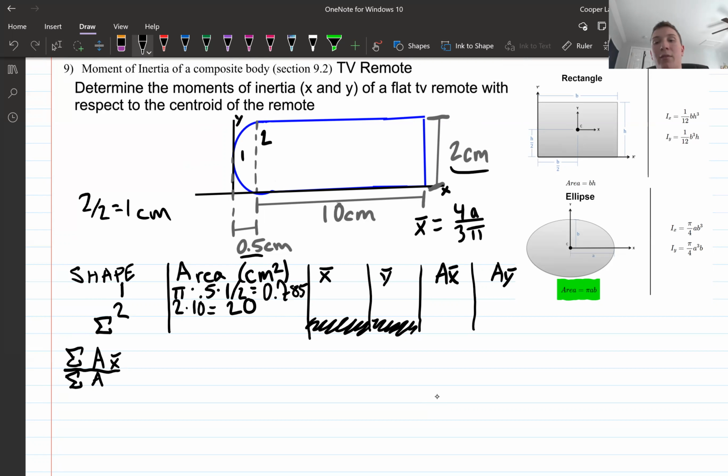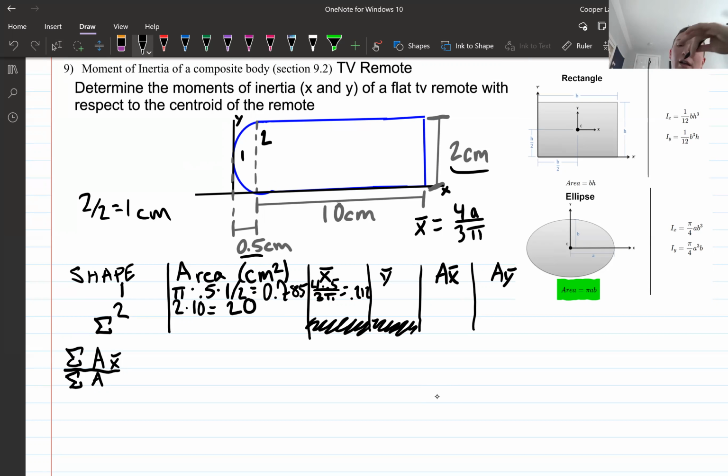Plugging in, I have 4 times 0.5 all divided by 3 pi, which comes out to about 0.212.